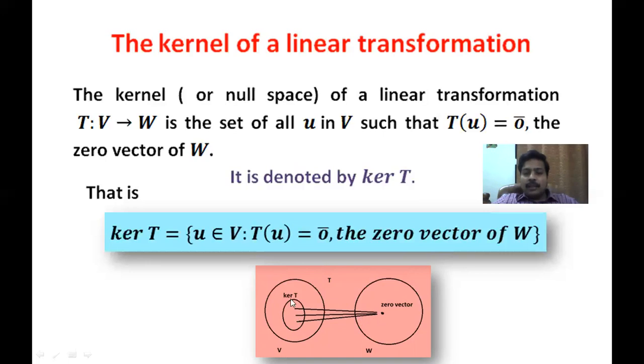So kernel T is the collection of all the vectors of V which are mapped onto the 0 vector of W. Here we have two 0 vectors, one in V, another in W. So to distinguish both the 0 vectors, we are calling 0 the 0 vector of V and 0 bar the 0 vector of W. So this is the kernel of a linear transformation.